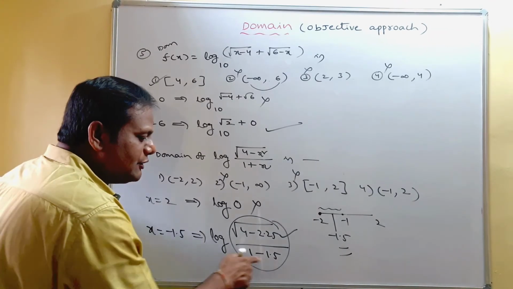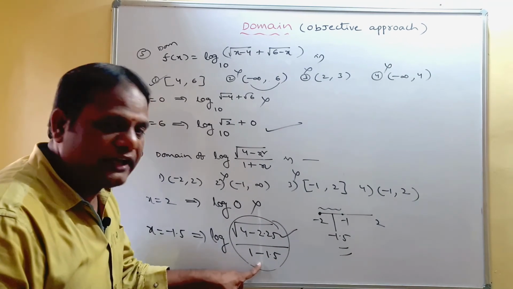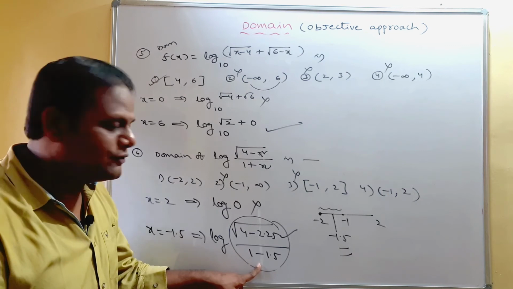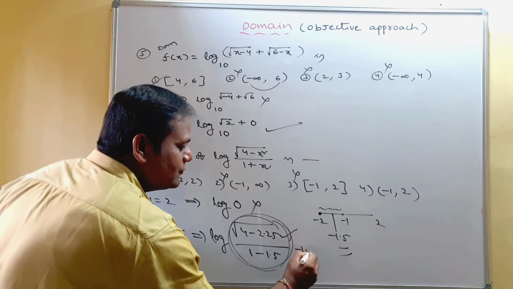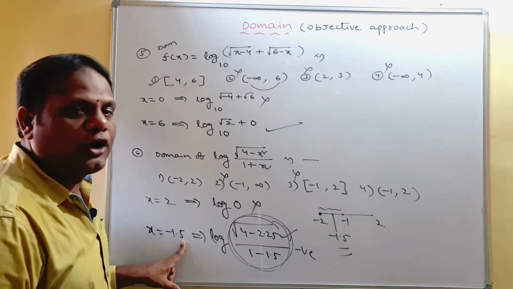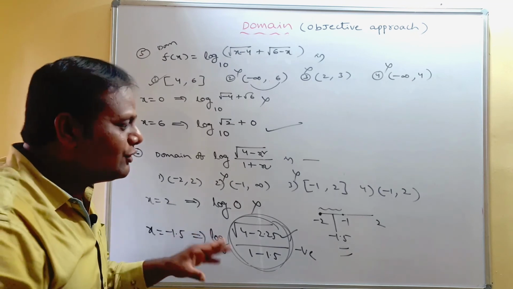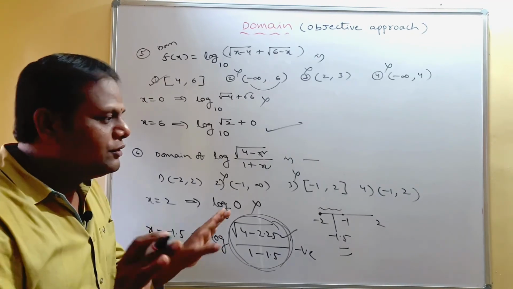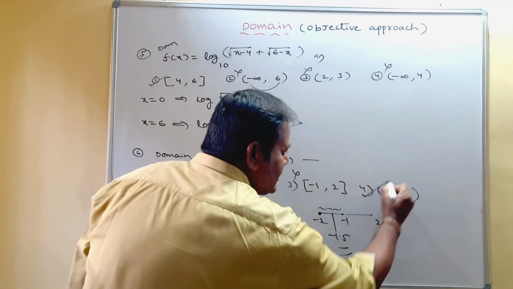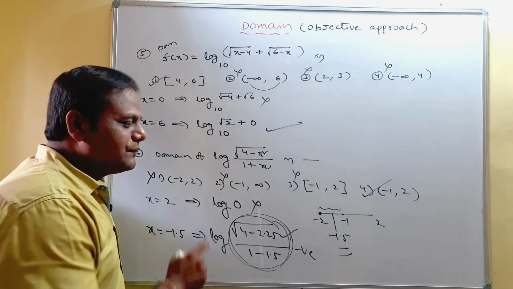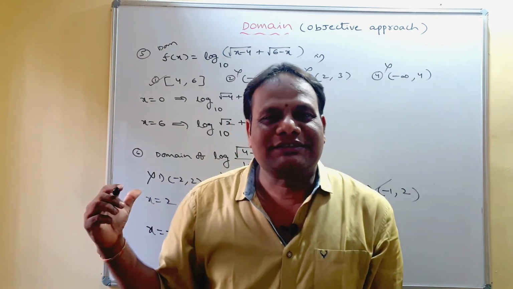But coming to denominator, 1 minus 1.5, is it negative value? Yes, denominator is negative, numerator is positive. Total value, it is negative. So at minus 1.5, is this function defined? No, this is not defined. So can you go with minus 1.5? No. So first option is wrong. So what is correct option? Fourth option.